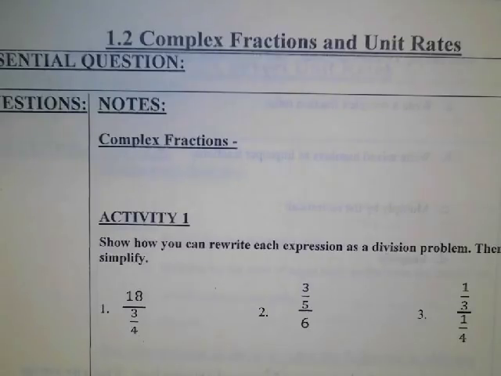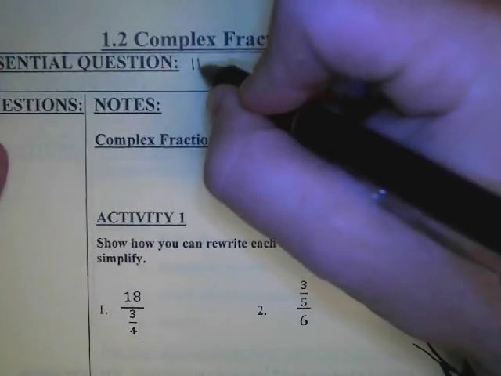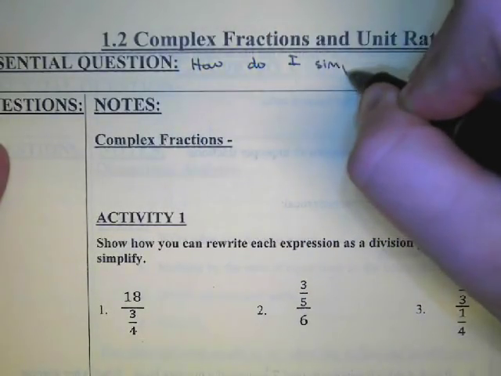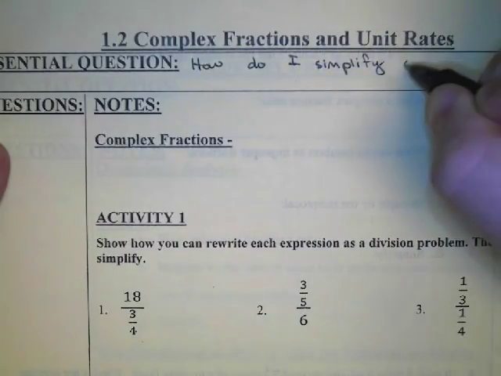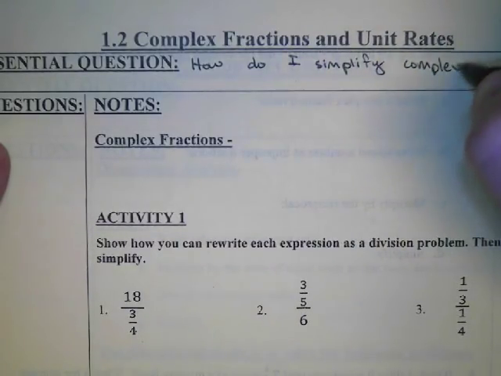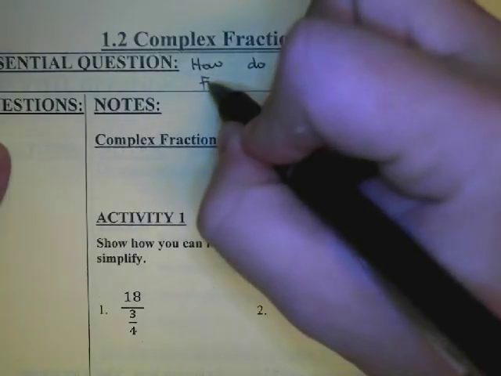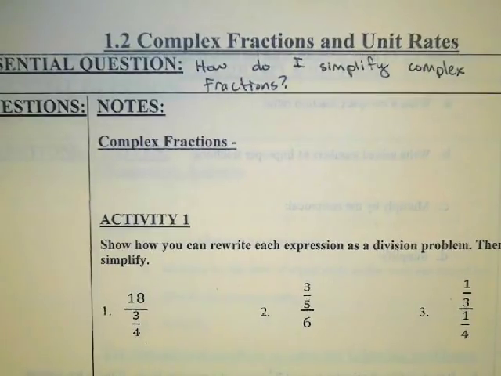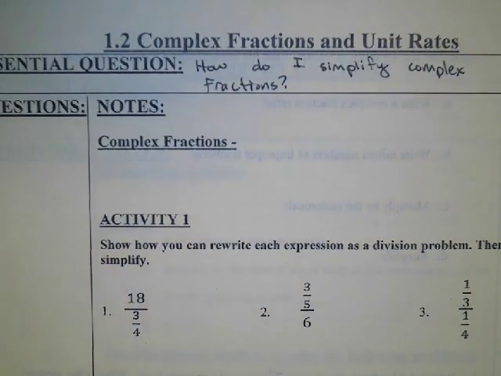My essential question will be, how do I simplify complex fractions? Well, before we can even simplify a complex fraction, we have to talk about what a complex fraction is.